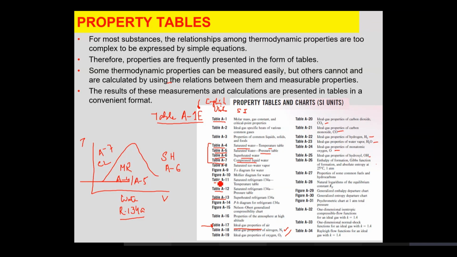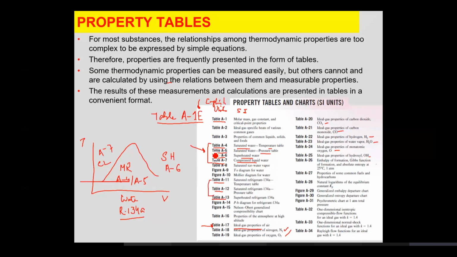Now, you may not be using all of these tables very frequently, but probably table A17 would be used very frequently. Tables A4 to A7 would also be used very frequently, and we'll try to understand tables A4 to A7, and a similar pattern would be followed in understanding tables A11 to A13.